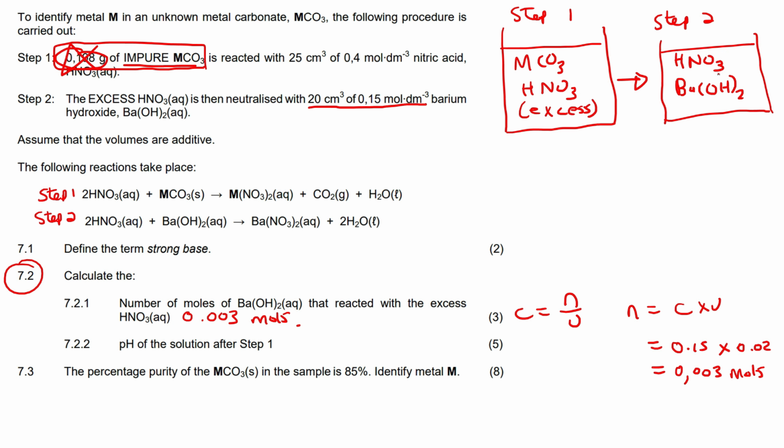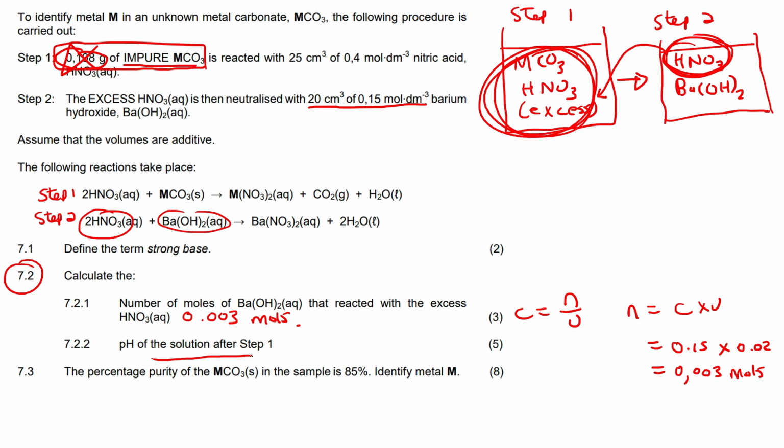We know exactly how many moles of this we have. So that means from the balanced equation over here, we can work out using mole ratios how much HNO3 must have been over here, and then we know that that HNO3 is the amount of excess that we had left over after this reaction. And that is going to help us to work out the pH after step 1 reaction has taken place.